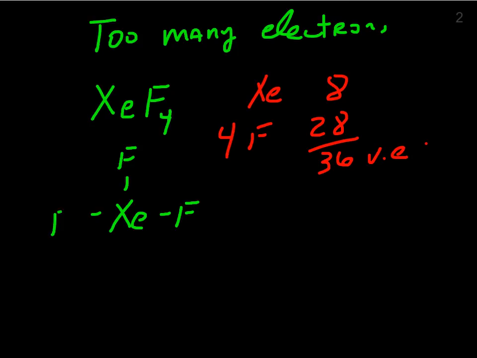Halogens always terminate a chain in a molecule like this, in the north, south, east, and west orientation. I'm now going to add up how many of those bonds times 2. So I have 1, 2, 3, 4 bonds represented. So 4 times 2 equals 8. So those are the used up electrons.